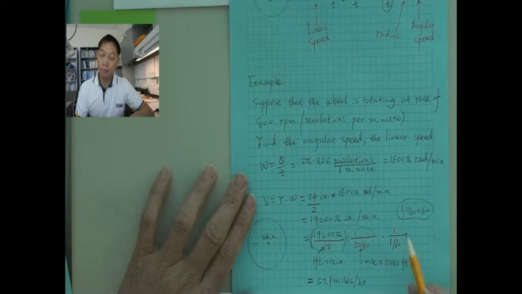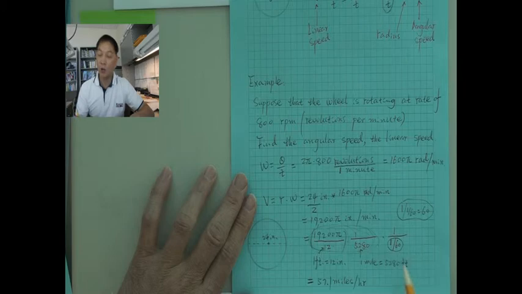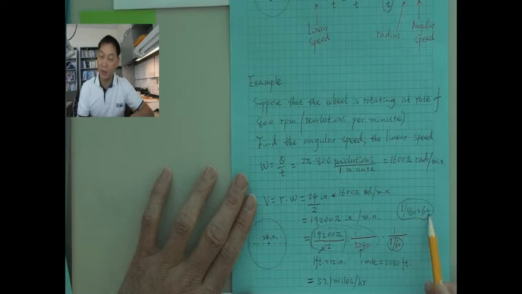Then 1 minute is how many hours? That's 1/60th of an hour. So you multiply this by that. But remember, 1 divided by 1/60th is just 60.